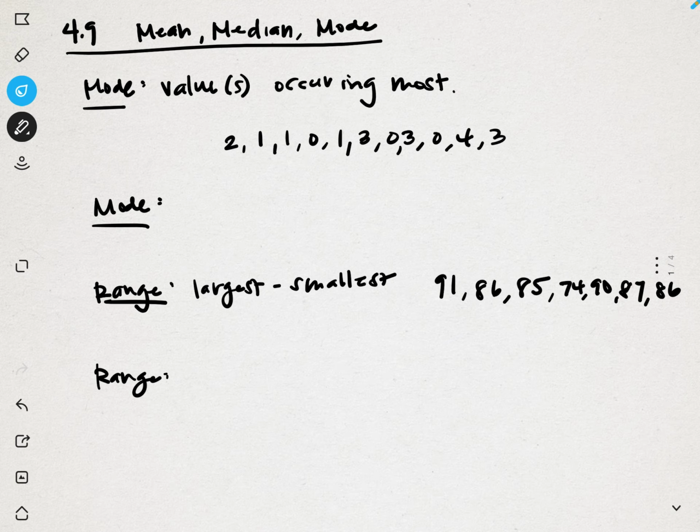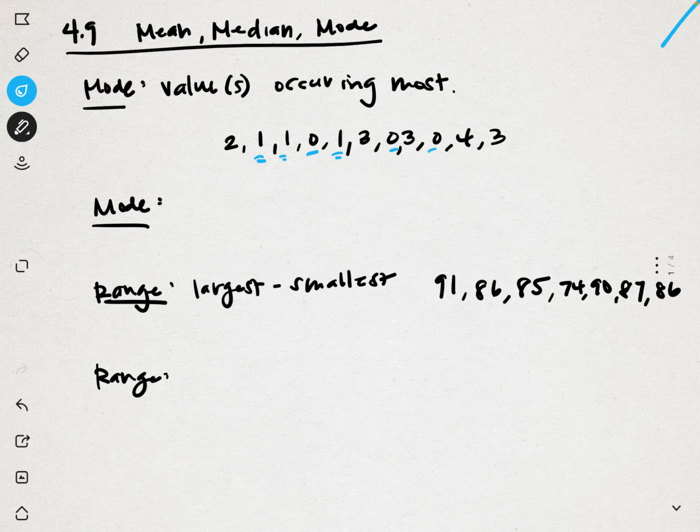When we're talking about mode, it's asking us for the value that occurs the most. A lot of times we use mode when we're talking about things that are non-numerical, that we can't just add up and divide, like to find the mean or median. So for our mode, we're just going to locate the ones that have the most. 1 has 3.